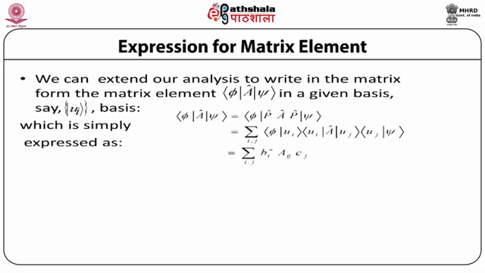Expression for matrix element. We can now extend our analysis of the bras and the kets to write in the matrix form the matrix element ⟨φ|A|ψ⟩ in a given basis, say the |u_i⟩ basis, which is simply ⟨φ|A|ψ⟩ = ⟨φ|P A P|ψ⟩, and this is equal to Σ_ij ⟨φ|u_i⟩⟨u_i|, which is the first projection operator in the above equation, operator A, then |u_j⟩⟨u_j|, which is the second projection operator in the above equation, and |ψ⟩.